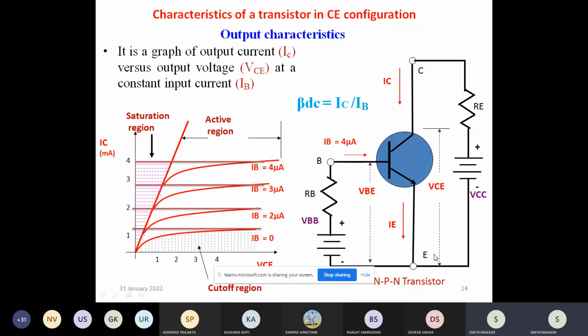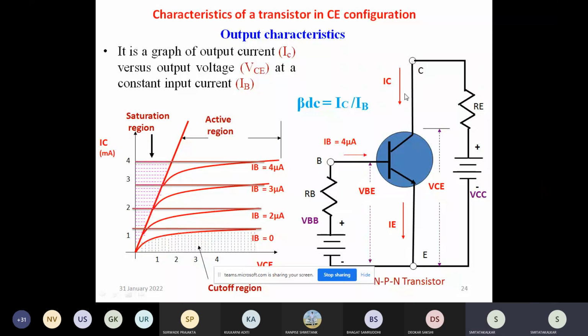VCE, the collector emitter voltage, is increased through the collector terminal, where the negative point is connected to the emitter, and the emitter is common. That's why no current is flowing here. The current direction is the upper side of the collector resistor.